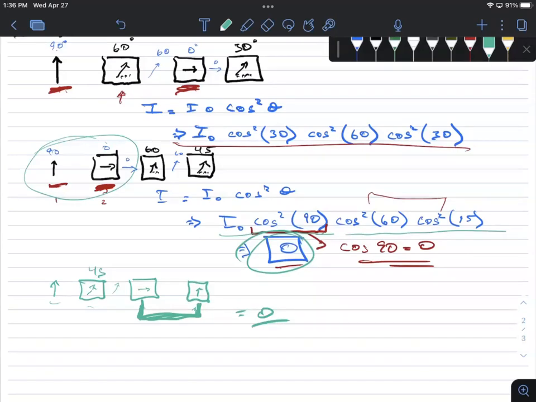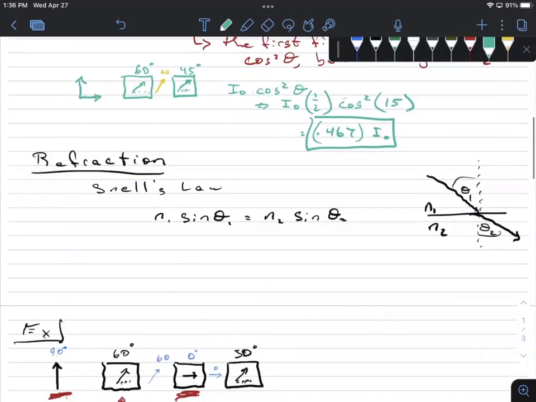If you always just follow the law of Malus without thinking, you just crank it like a machine, you'll get the answer correct no matter what. However, if you like to save time, if you're very comfortable with this stuff and you see, look right here, these two steps are perpendicular, I don't have to waste my time doing a calculation. I could just call it 0. You're more than welcome to do that.